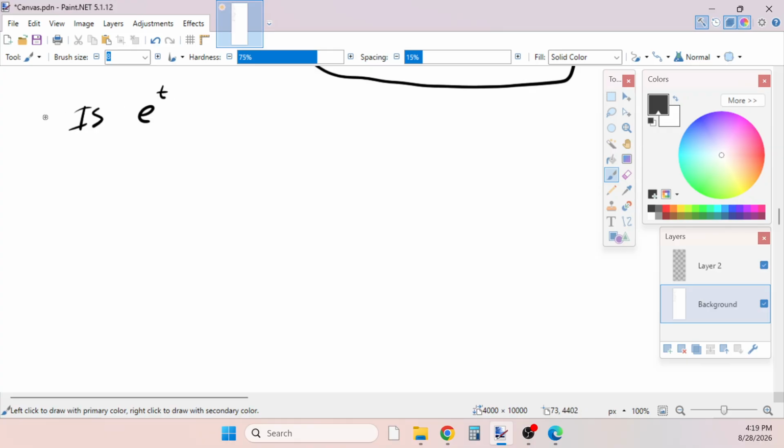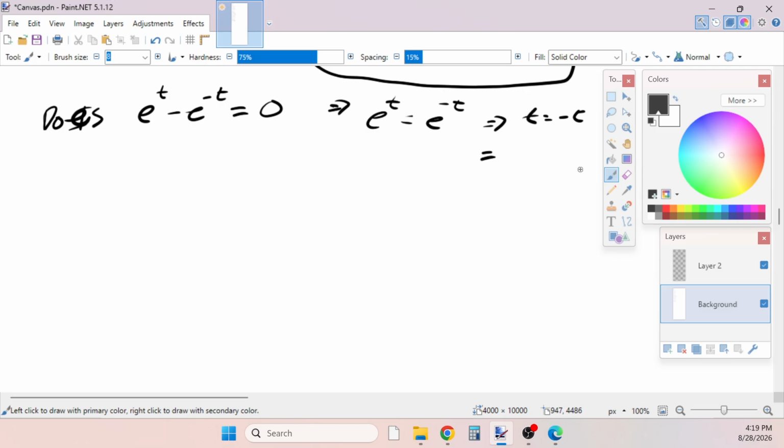Or I guess I should say, does e to the t minus e to the negative t equal 0? If it does, that means e to the t equals e to the negative t. We can use the natural logarithm and get t equals negative t. The only number where t equals negative t is t equals 0. So t equals 0 is the bad point.